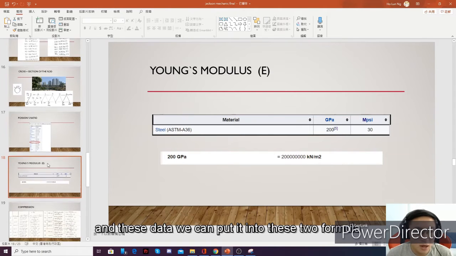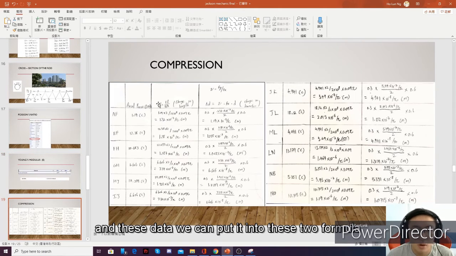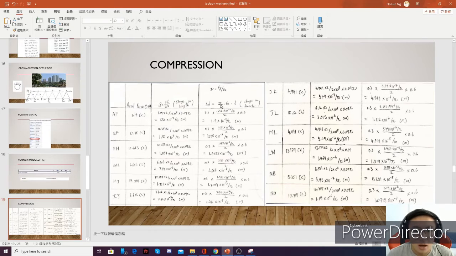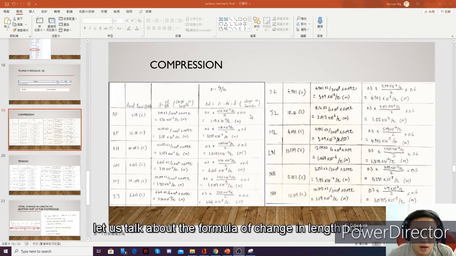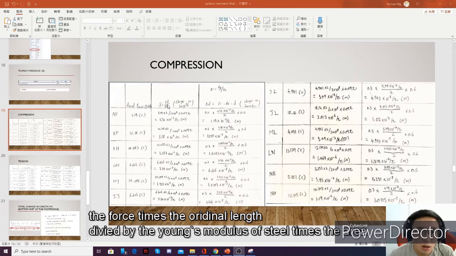And this data, we can put into these two formulas. One calculates the change in length, and the other one calculates the change in diameter. Let's talk about the formula of change in length first. It is the force times the original length, divided by the Young modulus of steel times the area.